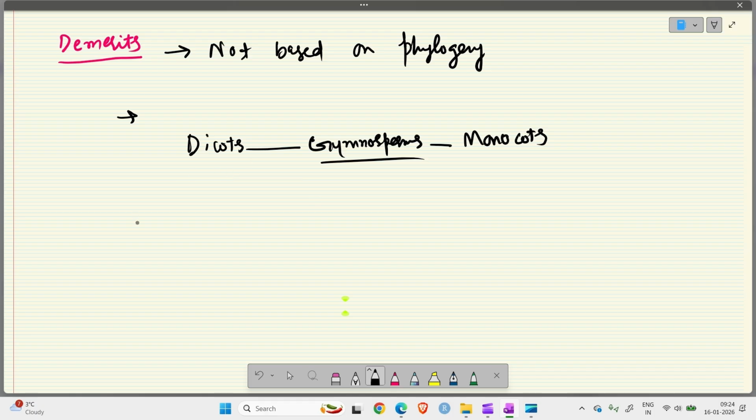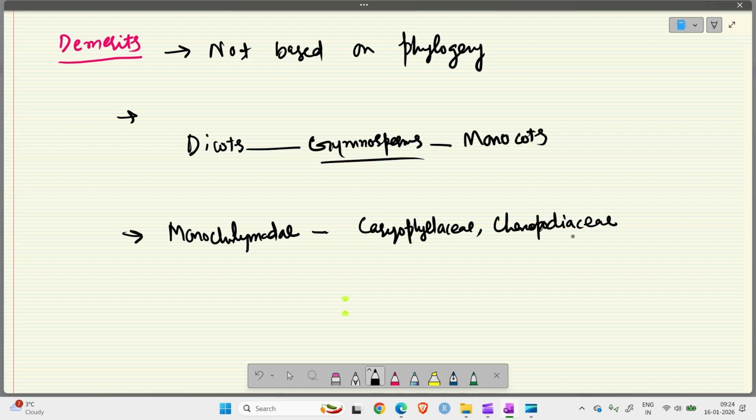The third disadvantage is the creation of the Monochlamydeae group, which separated many closely related species. For example, Caryophyllaceae, Chenopodiaceae, and Illecebraceae.